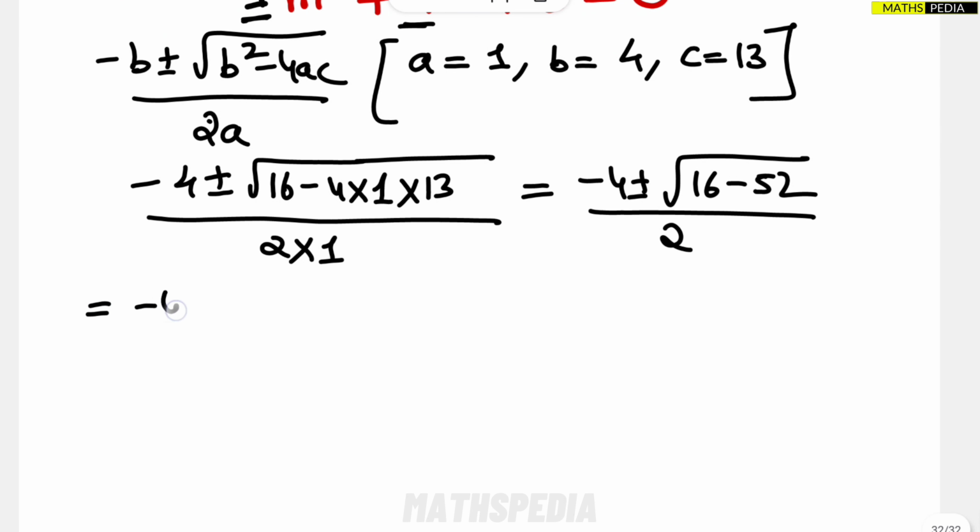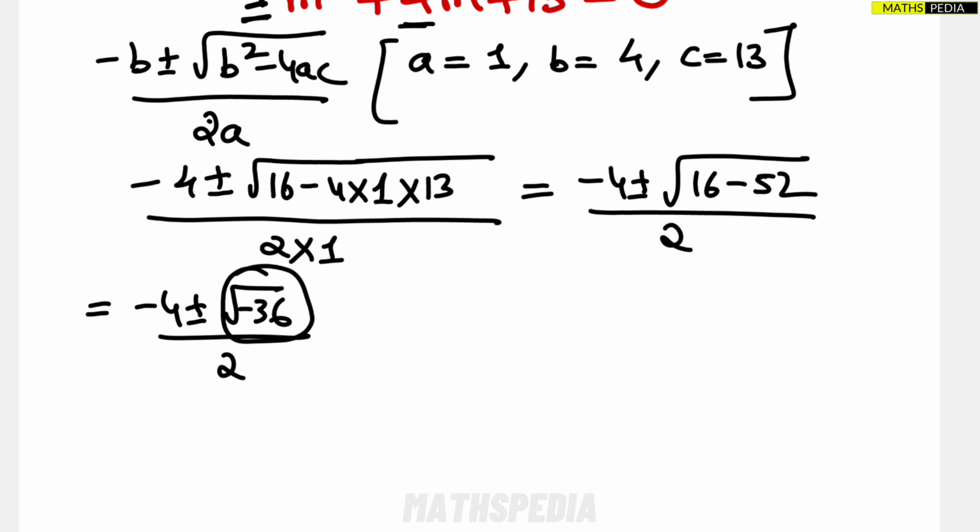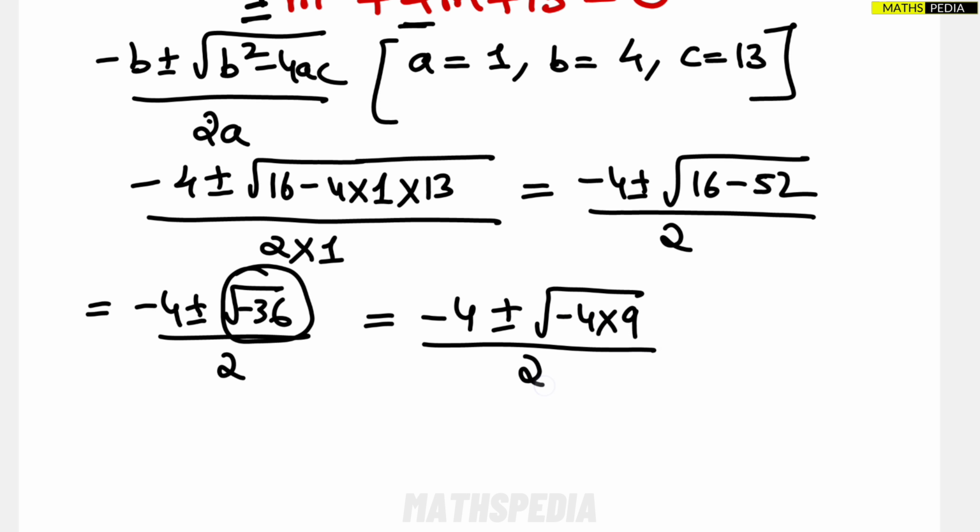Further, if you solve, minus 4 plus or minus square root of minus 36, divided by 2. From this, can I take 2 outside? We'll see. Minus 36 can be written as minus 4 into 9, divided by 2.